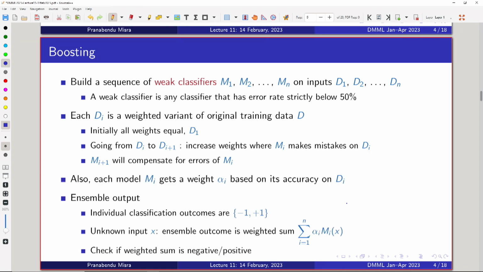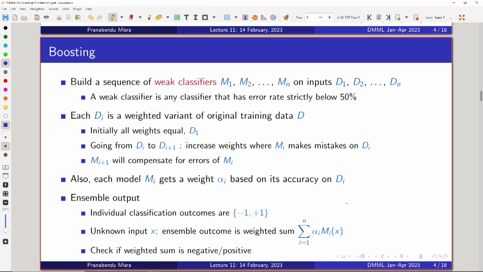We have some training data D on which we are building our classifiers. What we are going to do is associate some weights with each data point in our training data set. Initially all the weights are, let us say, 1, all weights are equal.